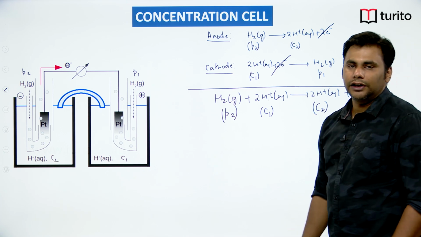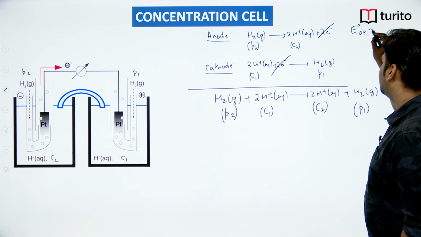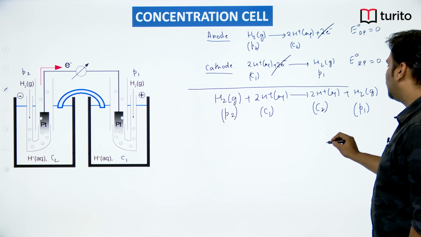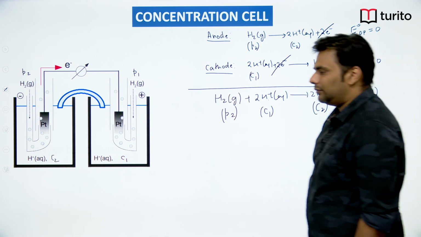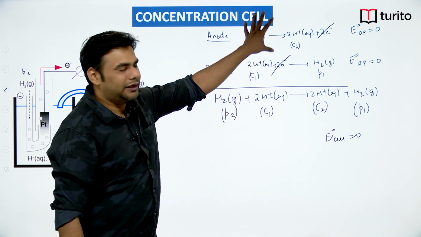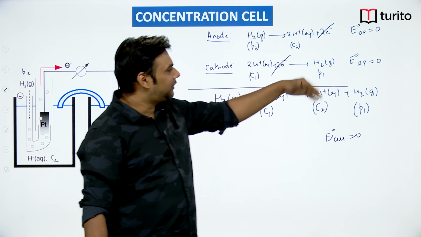This is the final equation. Again, the oxidation potential of this is 0 and the reduction potential of this is 0, so the overall E naught cell would be 0. This should be very clear, because if one species is going through oxidation and its cation is undergoing reduction, E naught cell has to be 0.